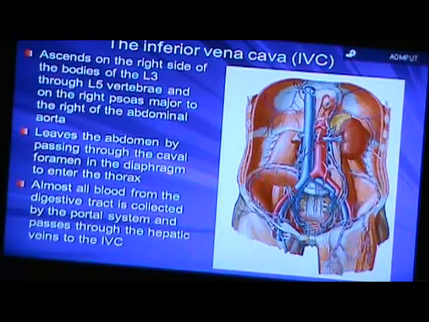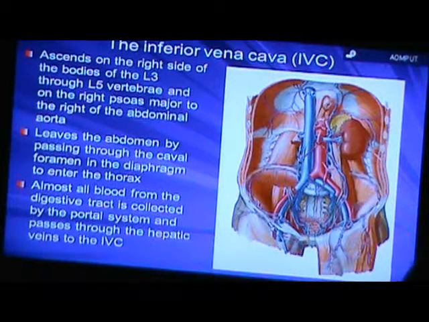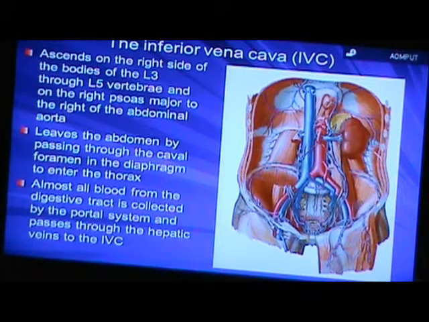There are no other branches. Of course, somebody can say that the ascending lumbar vein forms the azygos or hemiazygos, or some other branches. But normally, most of the blood is collected by the inferior vena cava, either through the portal venous system or directly.